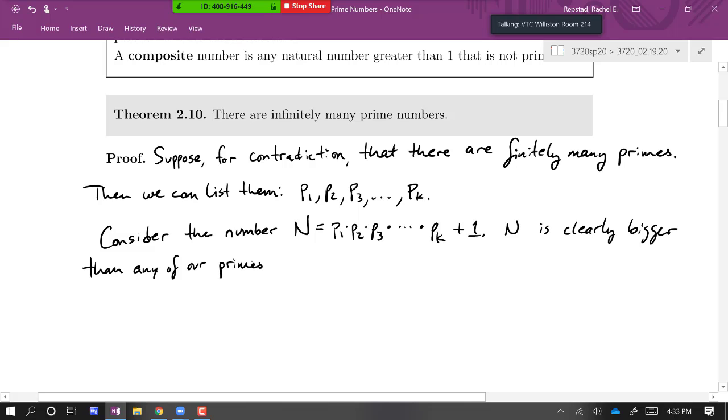And so that means it must be composite. If it's composite, it has a prime factor. So I'll call that factor P sub r.